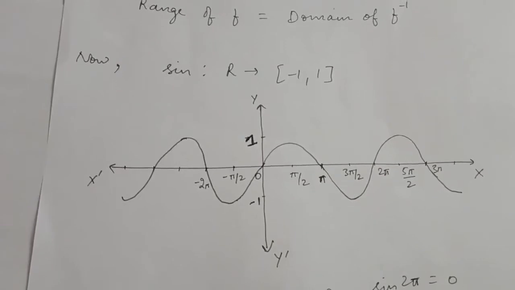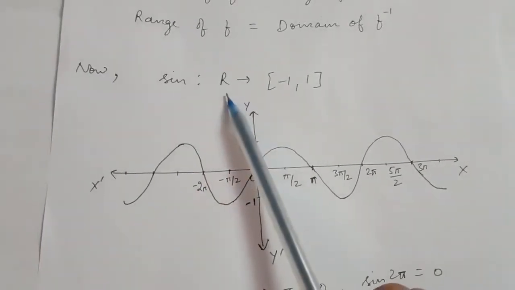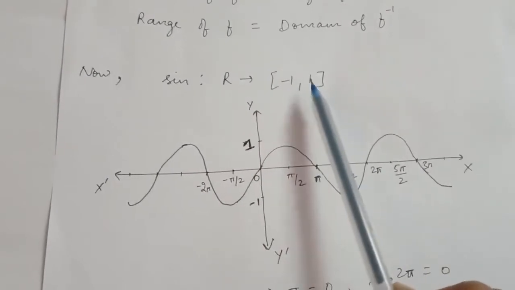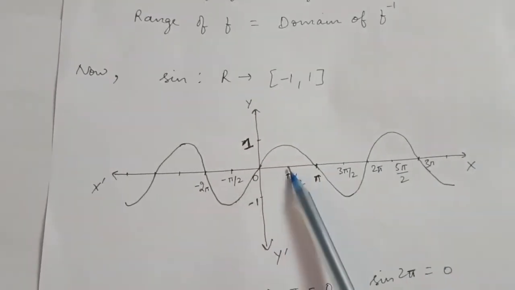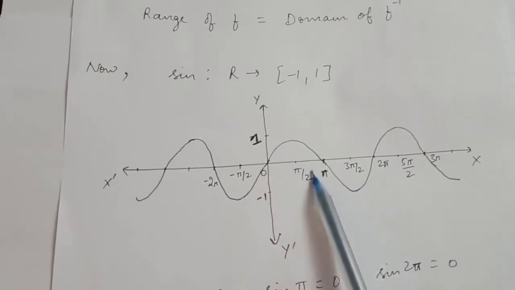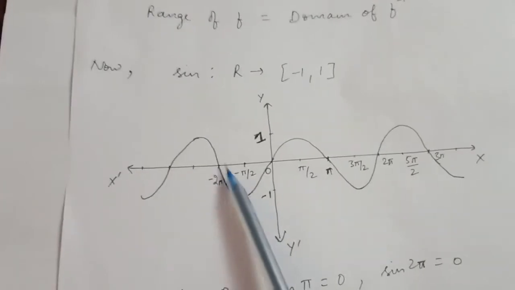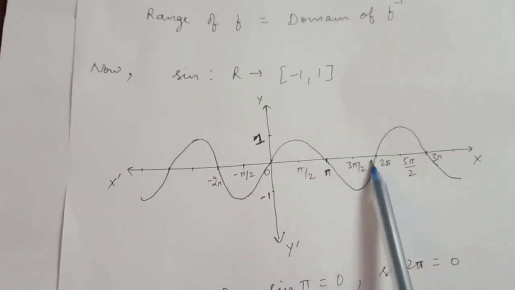I have just told you that the sine function has domain the set of reals and range from -1 to 1, right? The graph of sin x will be like this. At the multiples of pi, 0, pi, 2 pi, 3 pi, -2 pi, the value of sin x will be 0, right?